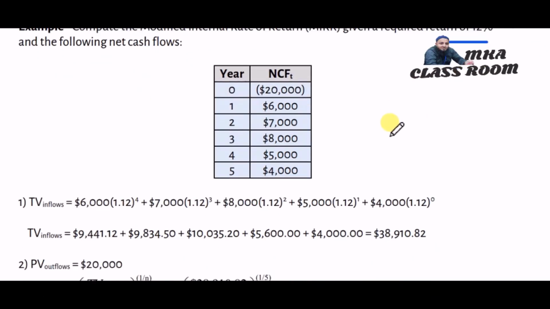Here our cash flows are 0, 12,000, 20,000, that is our cash outflow. Then 6,000, 7,000, 8,000, 5,000 and 4,000, all are cash inflows. That's why we have to calculate the future value of these cash inflows.